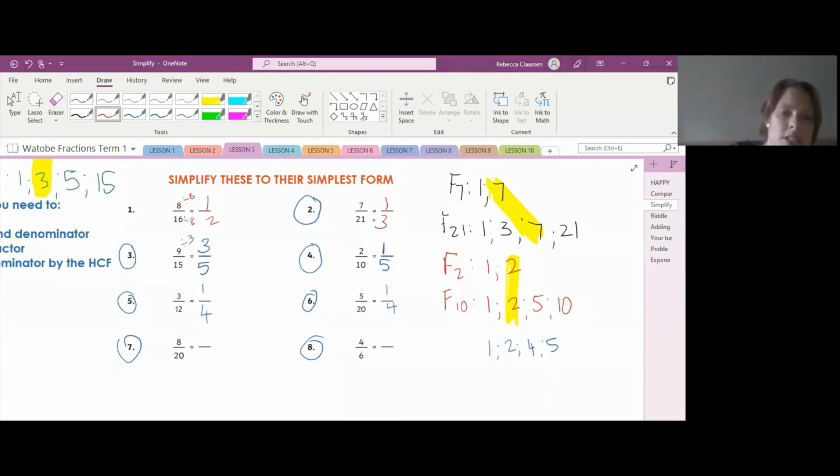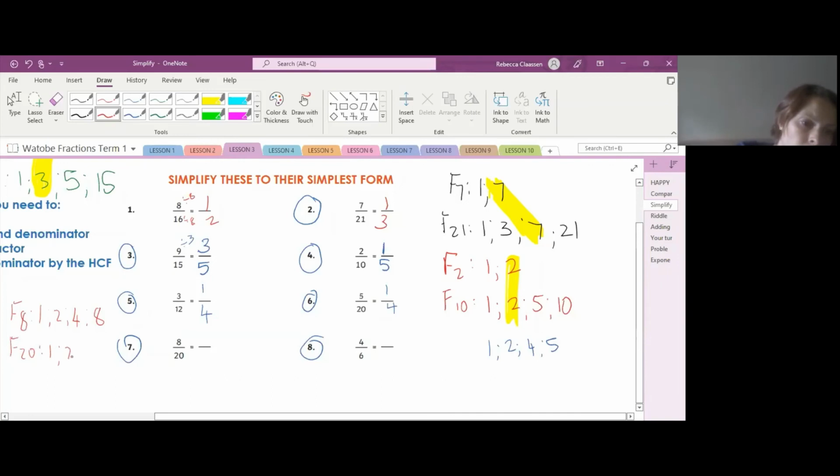Let's think about that one. So 8/20. We're going to think of what the factors of 8 are. The factors of 8 are 1, 2, 4, and 8. And our factors of 20? 1, 2, 4, 5, 10 and 20.